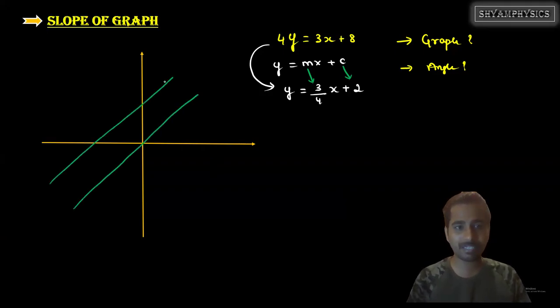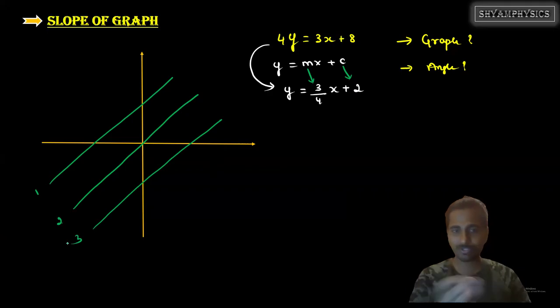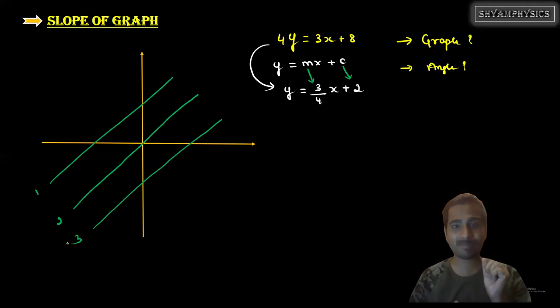Look, I will draw 3 lines. Before I choose, you choose one. 1, 2, 3. Okay, let's pause the video and choose the correct line which represents a positive slope. All 3, right? And next scenario is that the intercept is positive. In which case is the intercept positive? Here the intercept is negative.